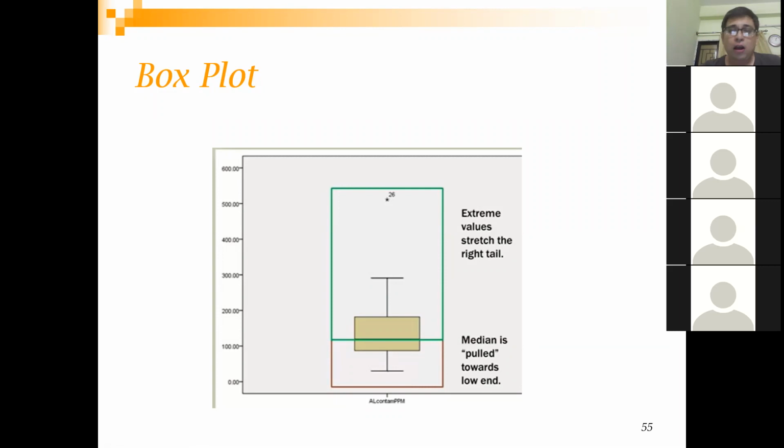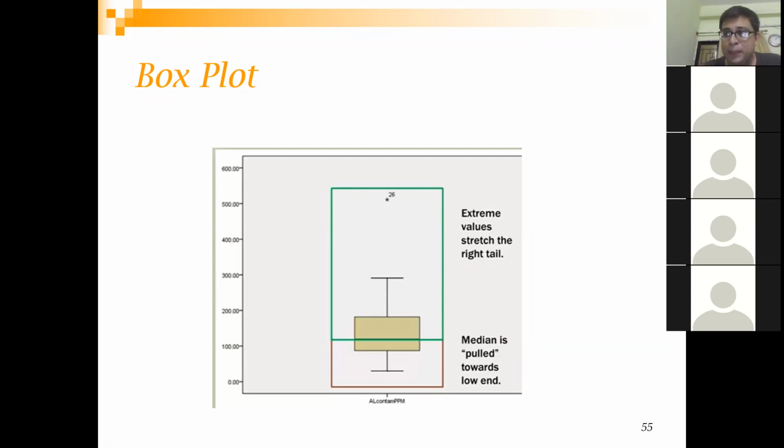And if you see that this line is smaller than this line, this indicates that you have extreme values, extreme high values basically. There are not a lot of them, that's why the low values are pulling the median. However, this limit is much higher, so you have high values and they are quite extreme.